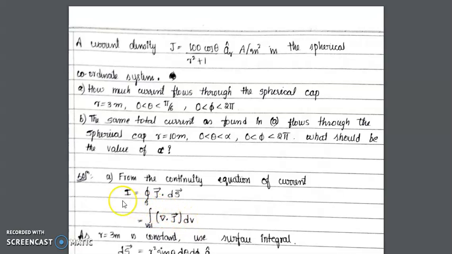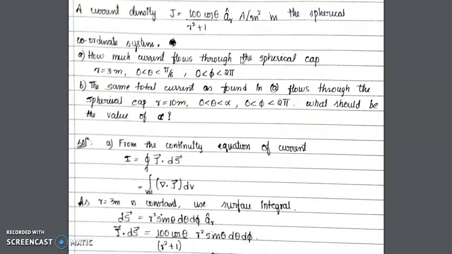We can directly substitute the surface integral equation because this equation only depends on AR cap. So the surface area perpendicular to AR cap is R square sin theta d theta d phi into AR cap.